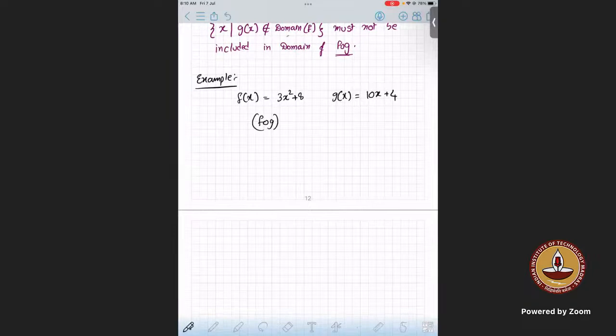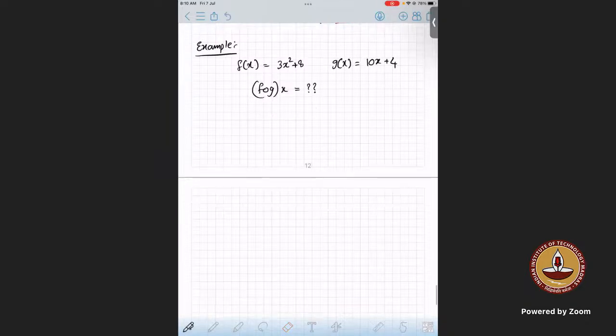Find f o g of x, and also g of f of x. You have to find both.